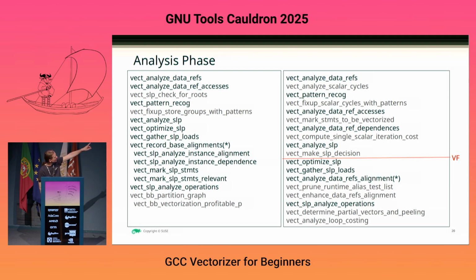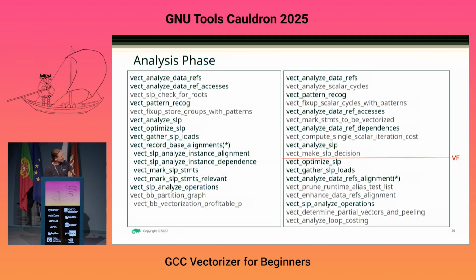On the left side you see the function, I think it's called BB SLP analyze region, and on the right side it's the function vect analyze loop_2, and it's basically the flow of how the analysis for loop and basic block vectorization happens. I just wanted to cover both with the same thing to make the point that it's actually the same, apart from details, of course, like basic blocks do not have reductions that we can vectorize. Thank you. Yeah.